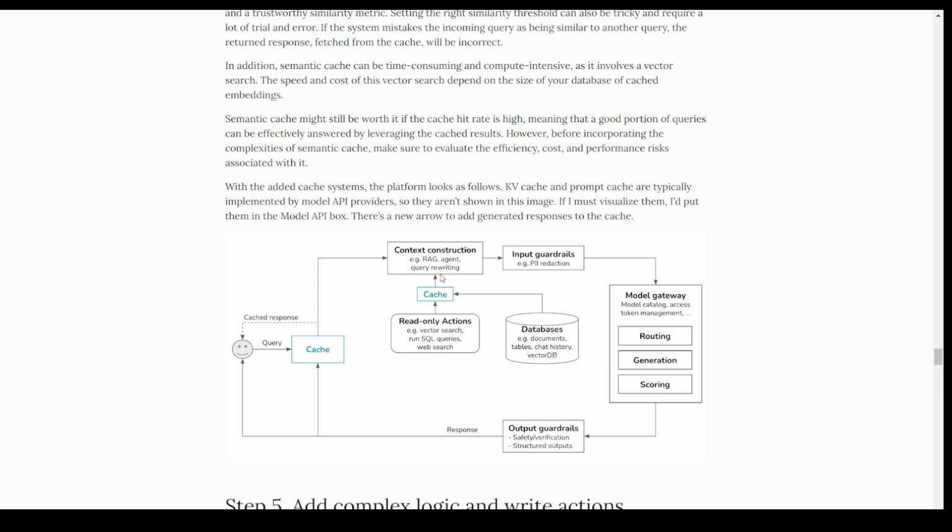And once we get the response for our query, we also store it in the cache, so that the next time a similar query comes, we return this information from here only. Then we go to the next steps: context construction, guardrails, model routing, and finally returning the response. Let's keep this video short because we were just explaining the concept of cache, and people from a software engineering background might already have a good idea about what cache means and the different ways we can put cache into place.